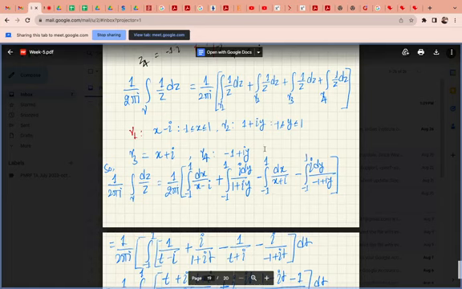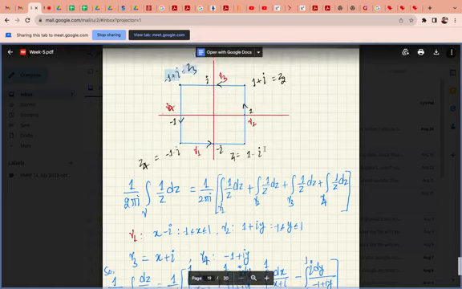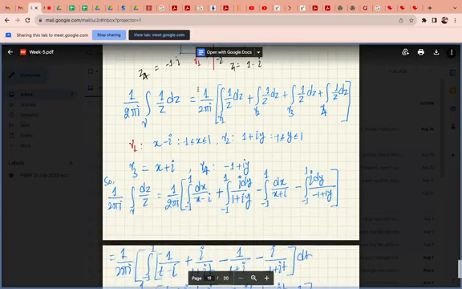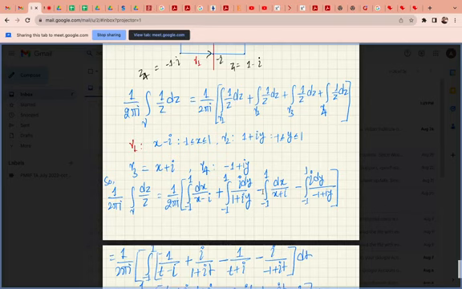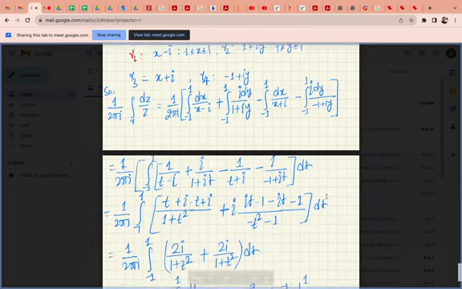If you see gamma 3, this curve is going from 1 to minus 1, and we want it from minus 1 to 1. So this sign will be minus: minus the integration from minus 1 to 1 dx upon x plus i, minus the integral from minus 1 to 1 i dy upon minus 1 plus iy.